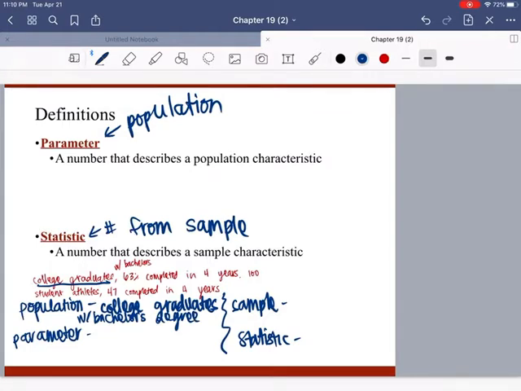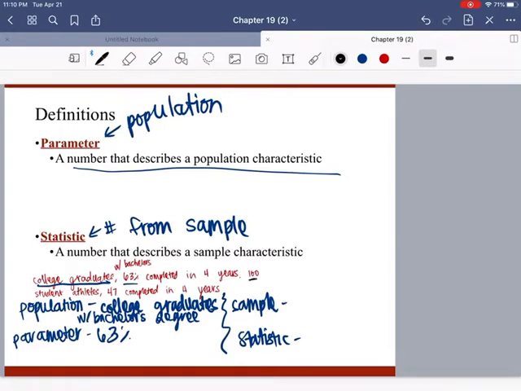Okay, a parameter is the number that describes a population characteristic. So if we look, the next thing here says 63% of college graduates complete in 4 years. So that parameter is 63%. Then it goes on to describe the sample.